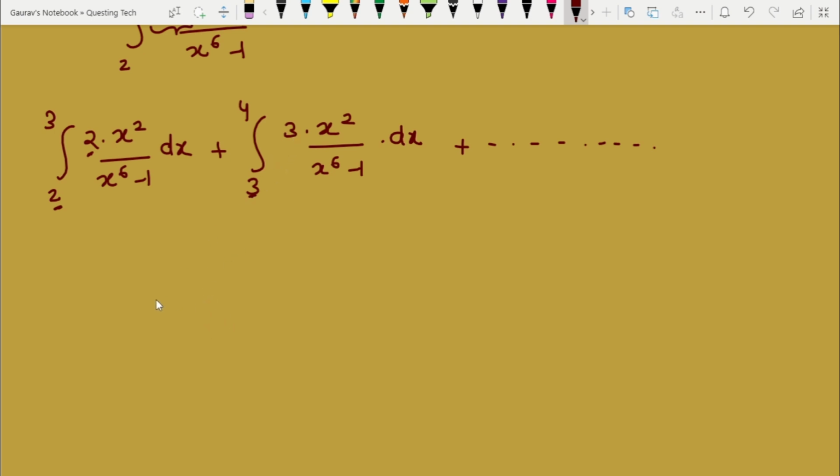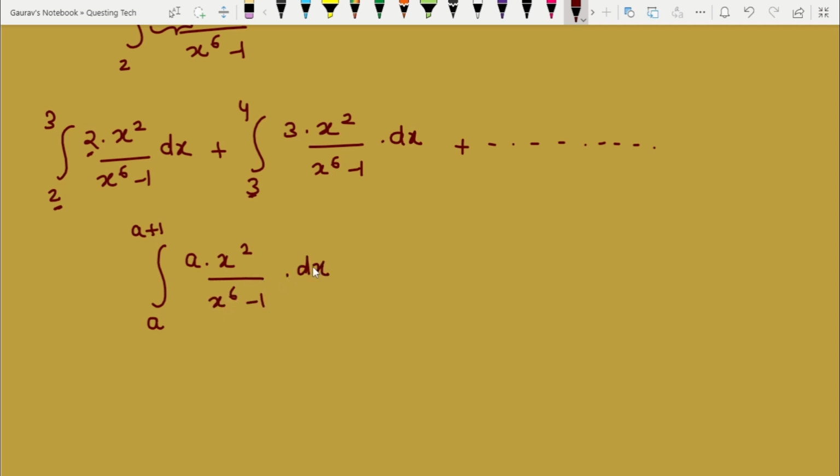So can we say that integration from a to a plus 1, and here we have a x square divided by x to the power 6 minus 1 dx.